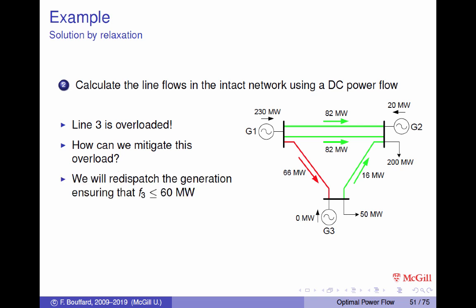This is clearly a constraint which we've relaxed and which is being violated. So we're going to have to redispatch the generation, making sure that the flow in line 3 is less than 60 megawatts. So we will tighten the relaxation by adding the constraint that it's missing.